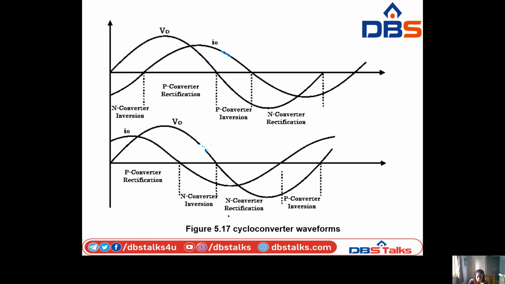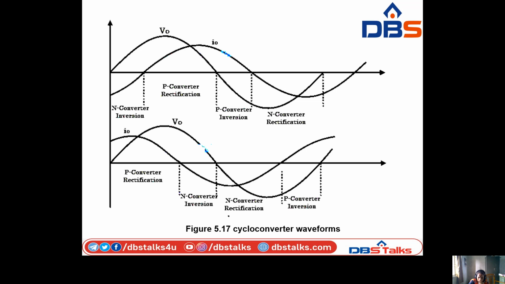When the N converter acts in rectification, I naught comes into the negative half cycle. This will be repeated. These are the output voltage and output current waveforms.